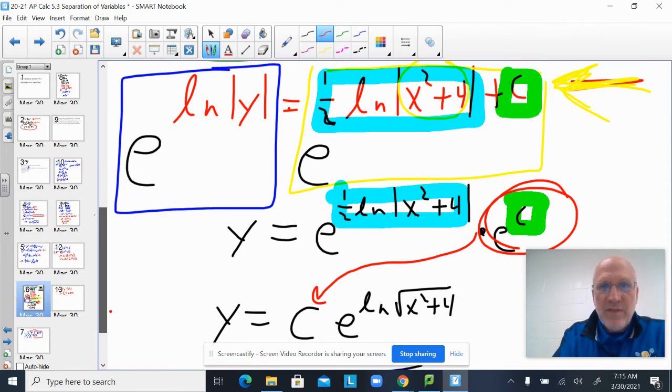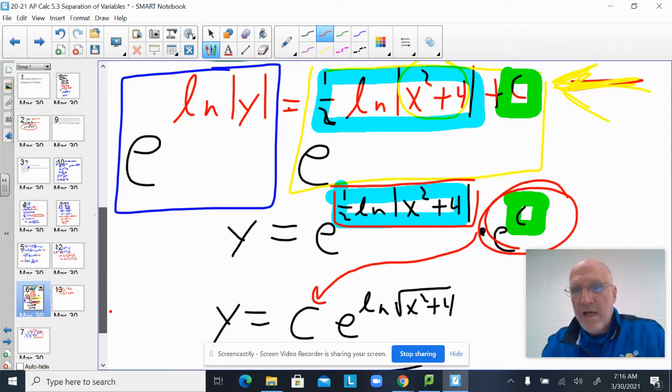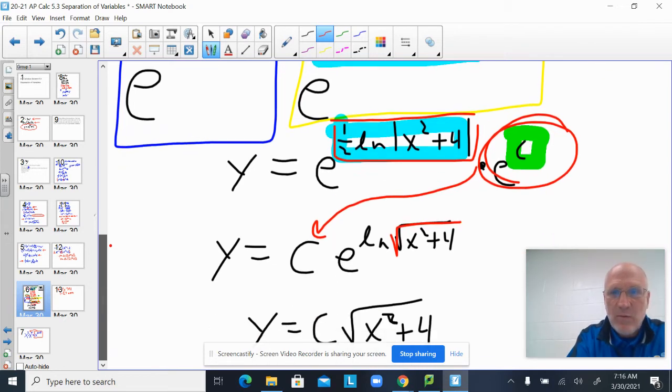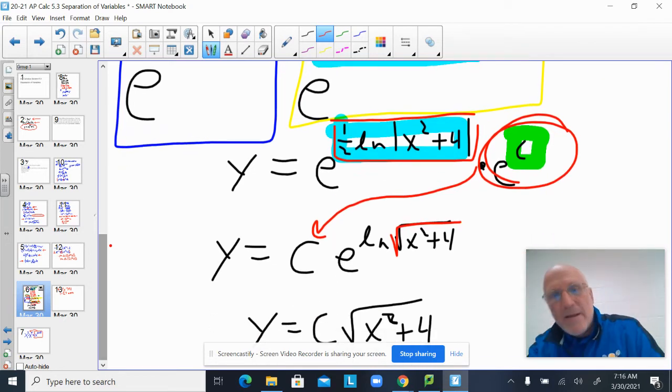This thing in this blue rectangle here, by the rules of logs, instead of 1/2 natural log of x squared plus 4, I can move that 1/2 out front as an exponent. So the natural log of x squared plus 4 to the 1/2, which is the square root. So that's where this square root sign came from. And now, conveniently, the reason I want to do that is because e to the natural log of something, those are inverse operations.